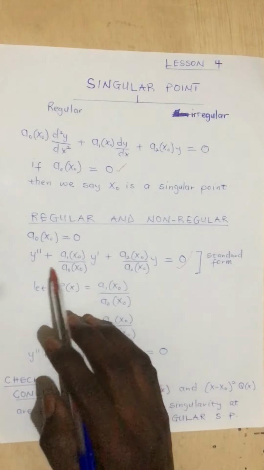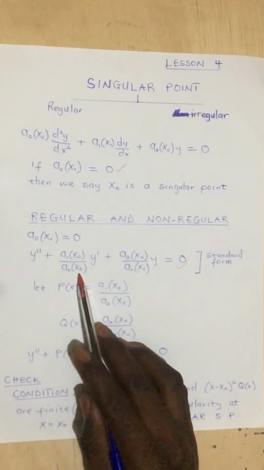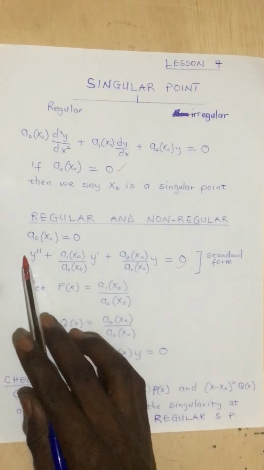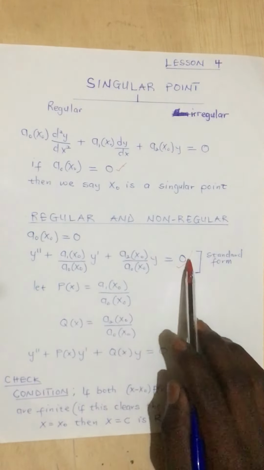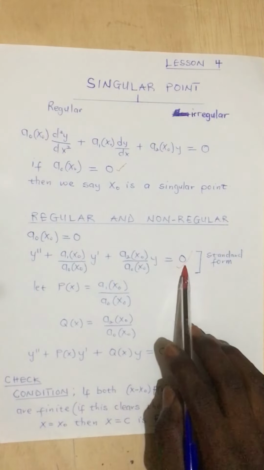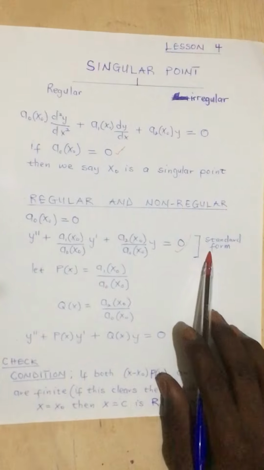So when we divide, the coefficient will now be 1, and then this will be this, and then this will be this. This is the standard form.